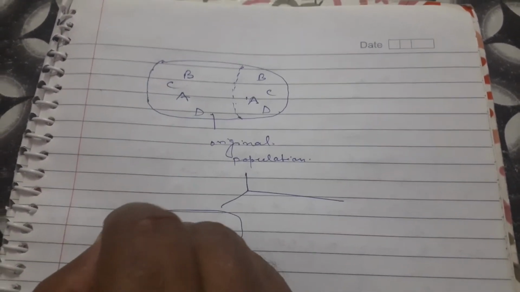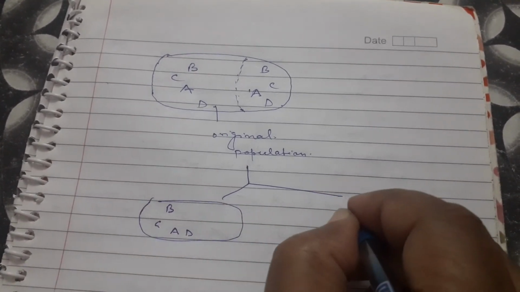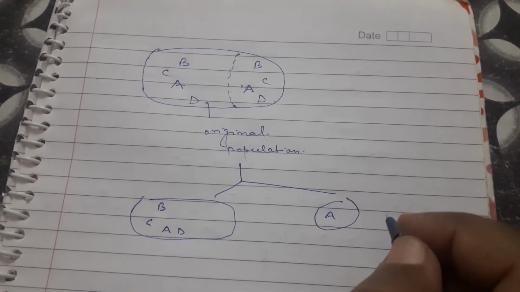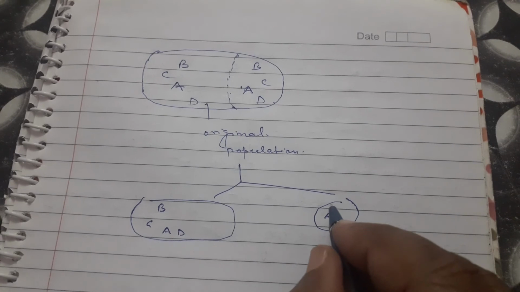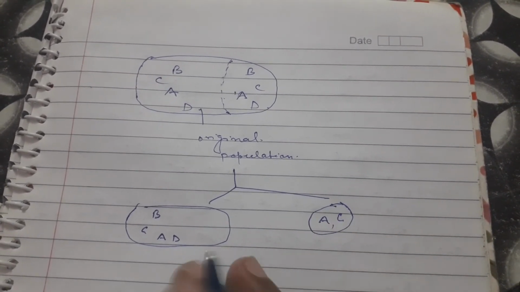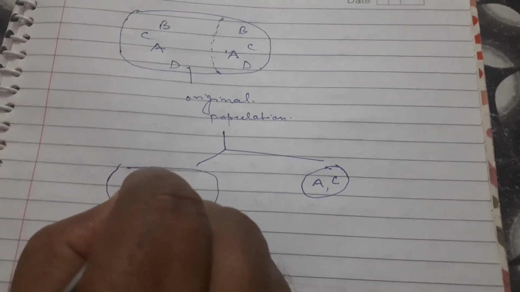This portion has B, C, A, D, and this portion has only A, because C and B die. The remaining populations died or migrated to this place.